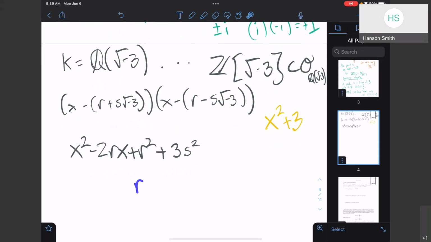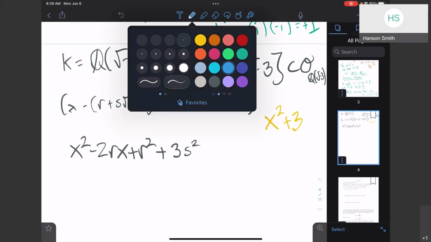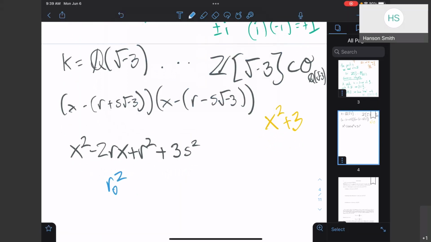We get r naught squared over 4, and as before, the denominator of s has to be 2 in this case. So we get plus 3 s naught squared, all over 4. As we know, r naught and s naught are odd numbers, so their squares mod 4 are 1. So we get 1 plus 3, and we need that to be divisible by 4. Bingo, it works out.